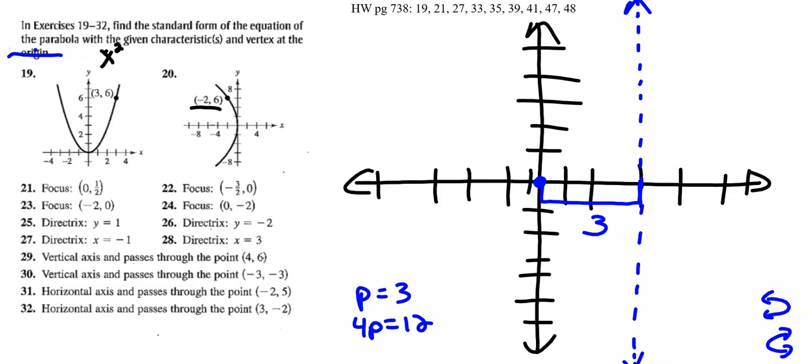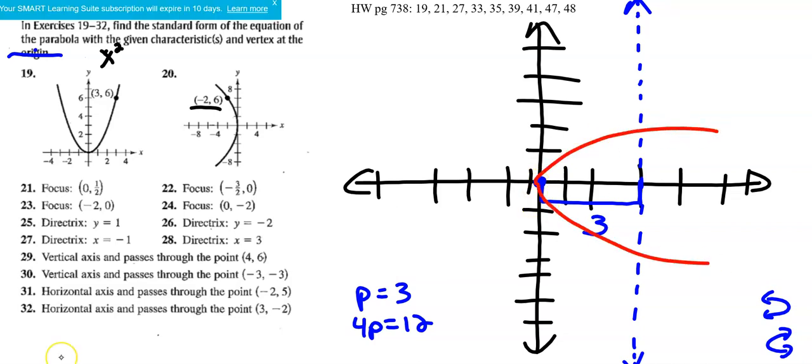Consider something here. If it opened up to the right like this, what looks odd about that? Well, if you go back to our folding activity, look at your folded parabola there. Where was the directrix? Was the directrix going through your parabola? No, it wasn't. It was over here on the other side.